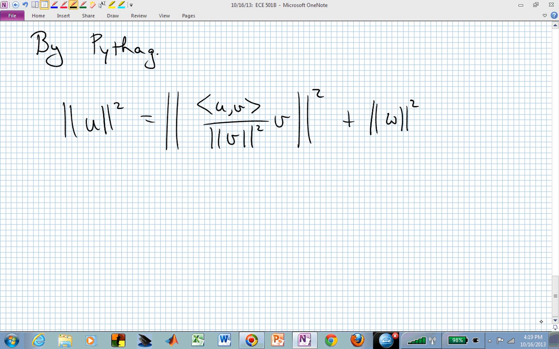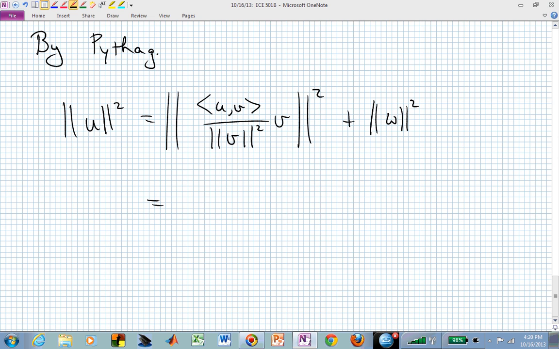So now let's clean up that first term on the right. The inner product of u and v over the norm of v squared, that's just a scalar. And remember how we could pull that out? We could just take that a and square it and bring it out of that inner product, which now leaves the norm of v squared, which is really just an inner product of v with itself.